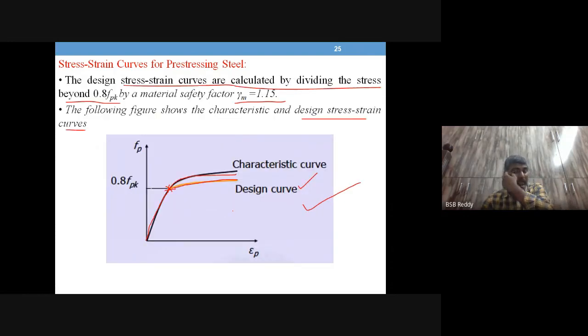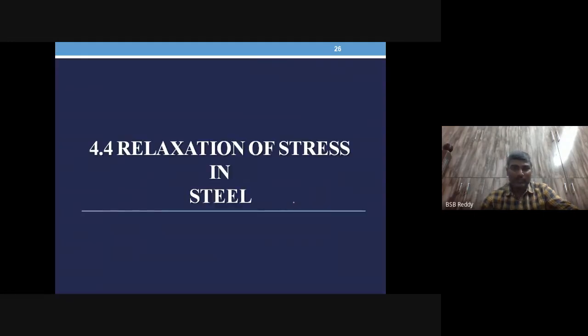And remember, material factor of safety shall be 1.15 for steel. That will give you the design curve. Characteristic curve divided by 1.15 value will give you design curve. And we'll talk about the relaxation of stress in steel in further sessions.